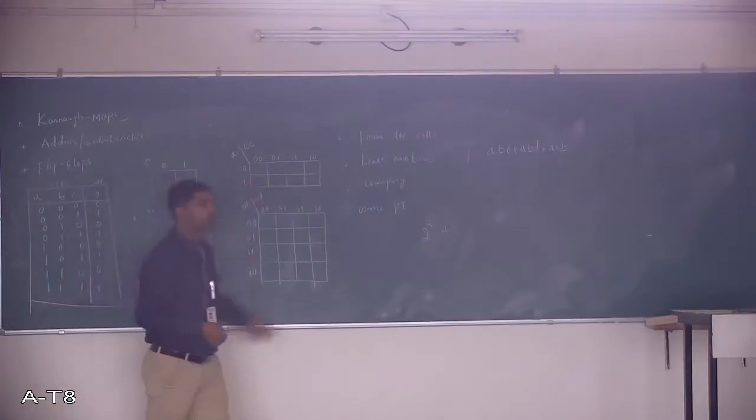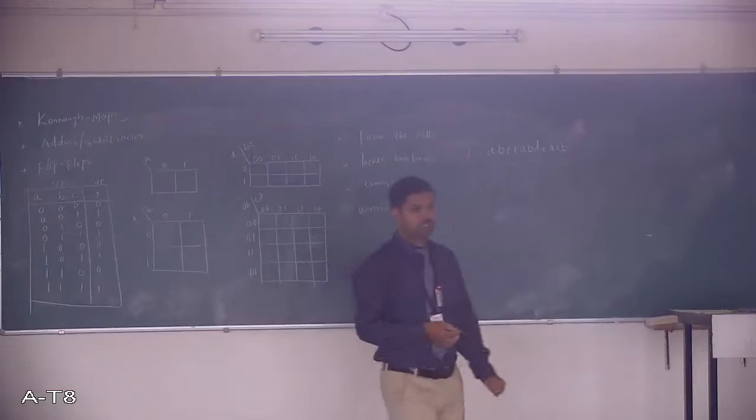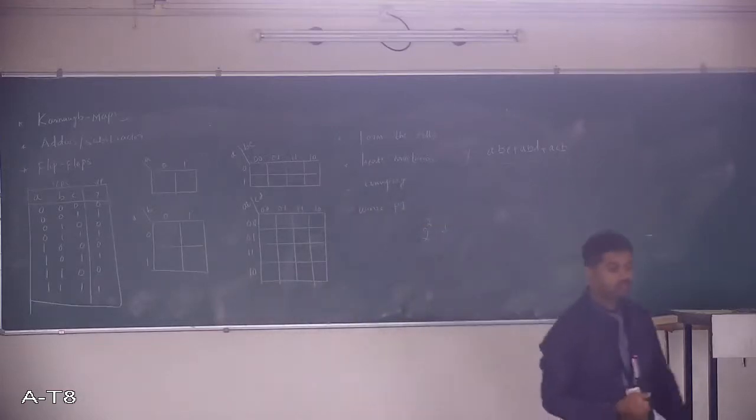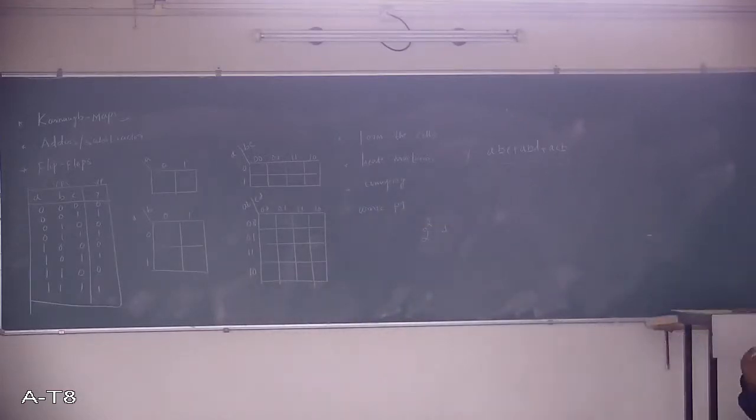Once you draw the number of cells based on the number of input variables, the very next step is that each cell you have to fill with min terms or max terms.